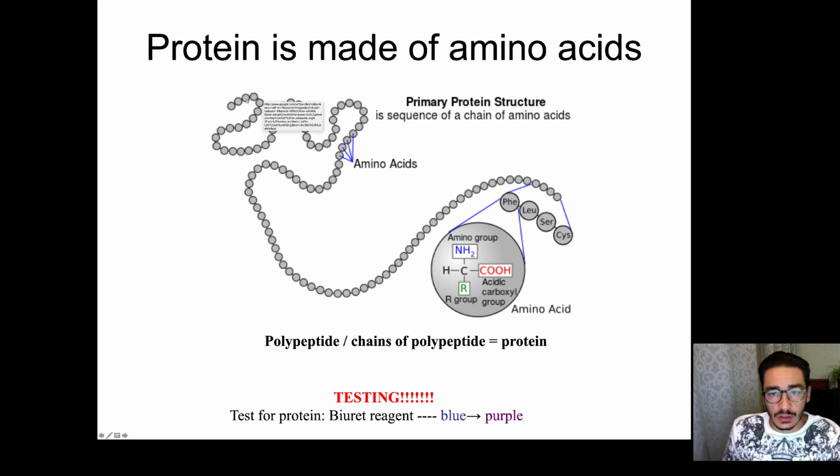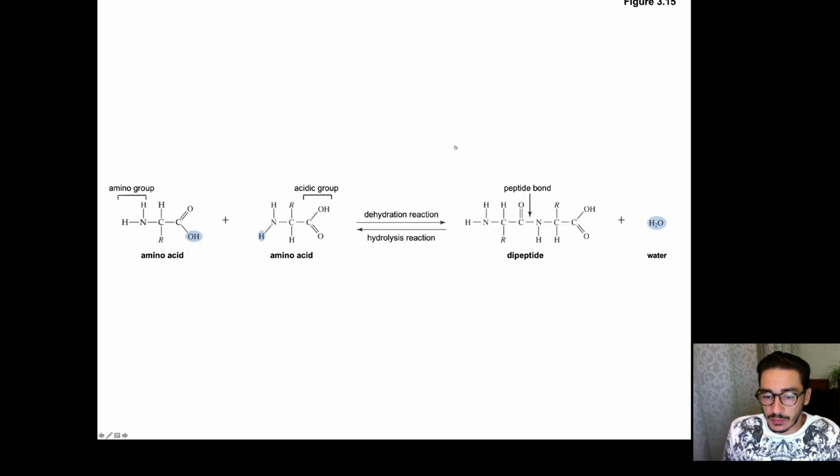So this is protein. We have like 50 or 100 amino acids. Let me introduce that as vocabulary. We have a protein and we have a peptide. As you remember, we have a peptide bond between two amino acids.